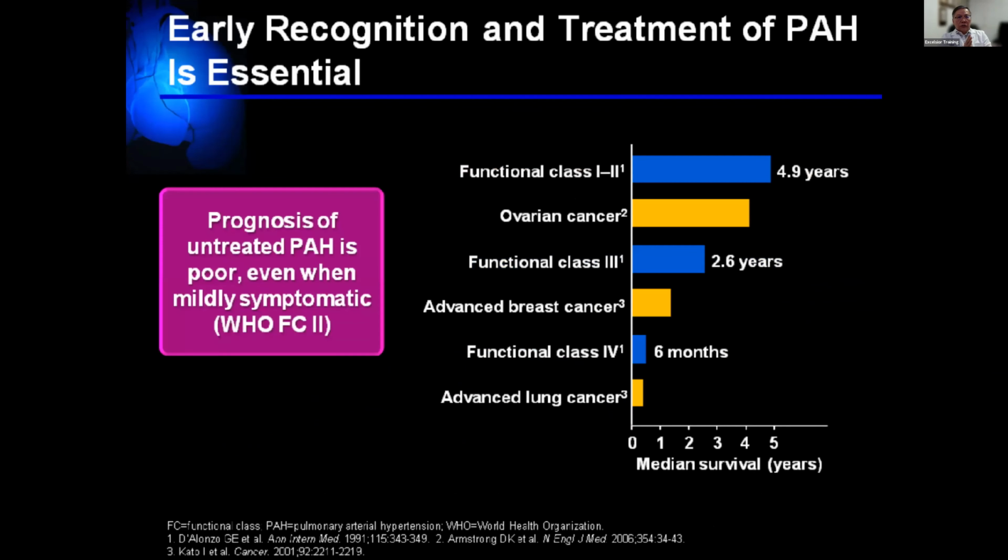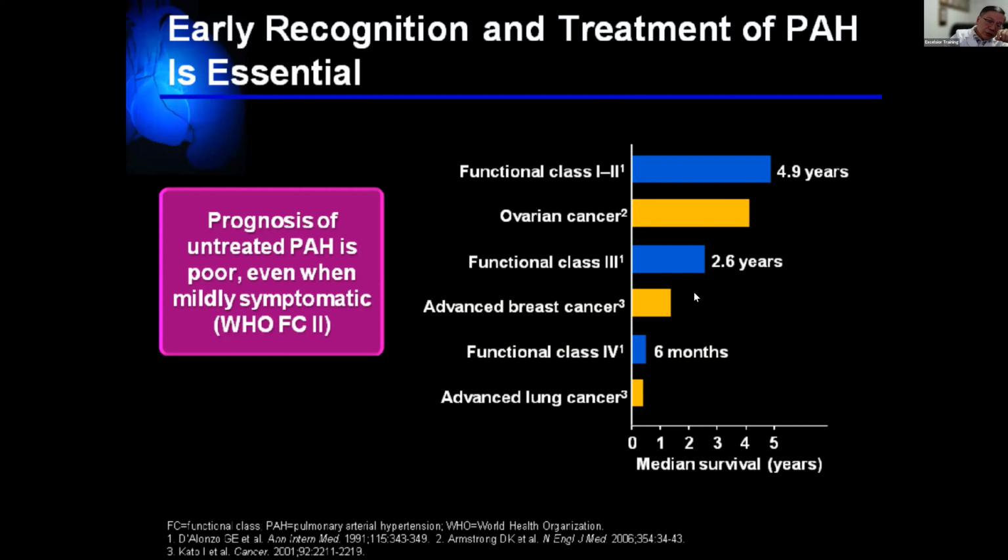So it's very important to diagnose this condition early and treat the patient early. The prognosis of pulmonary hypertension, especially the pulmonary arterial hypertension, is actually quite poor. In fact, it could be worse than some of the cancers. Look at this. If you're functional class 1 to 2, that means asymptomatic or mildly symptomatic, and you have a diagnosis of pulmonary arterial hypertension, your median survival is only 5 years. That's pretty bad.